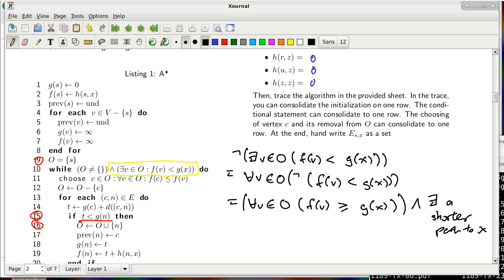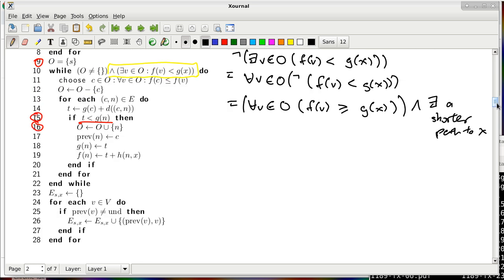So that means now we have a contradiction because, let me actually write this out.